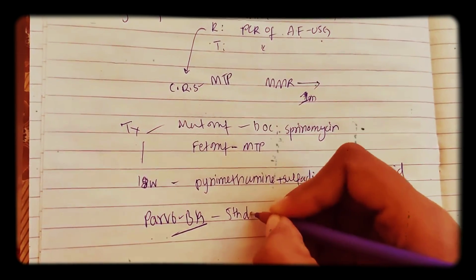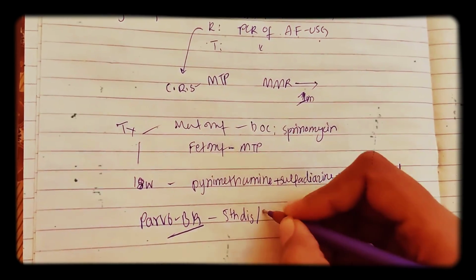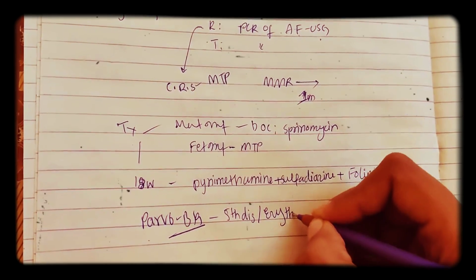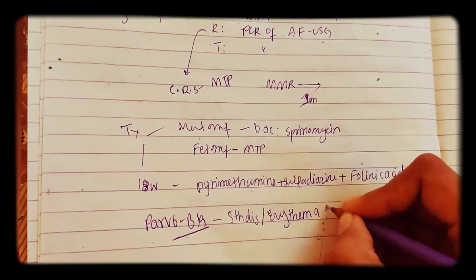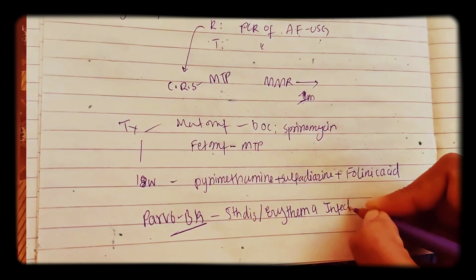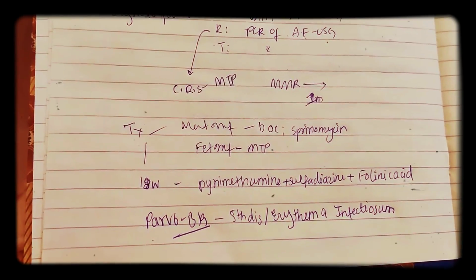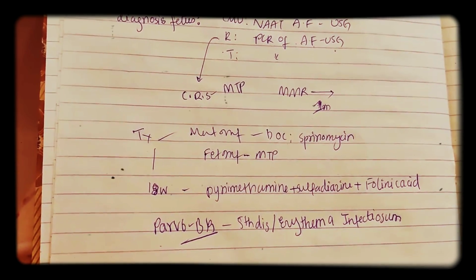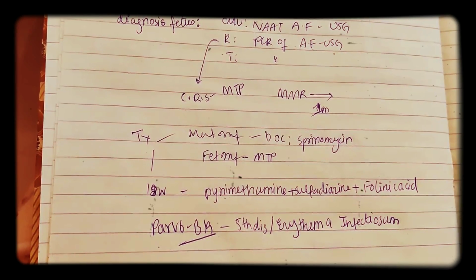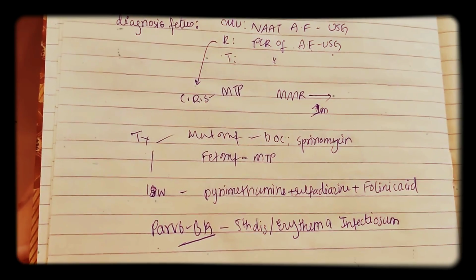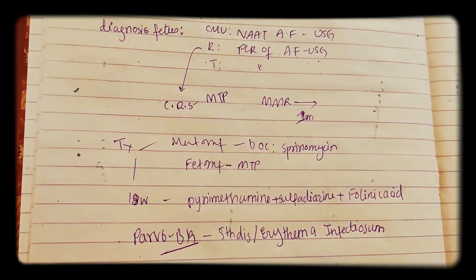What is this fifth disease? It is also called erythema infectiosum. It is especially seen in children. A pregnant female can get infected by this when she is working with school age children, as a daycare worker.